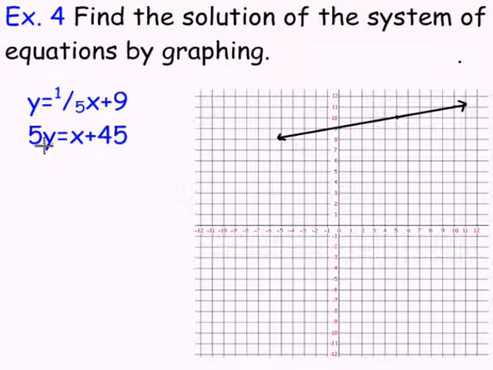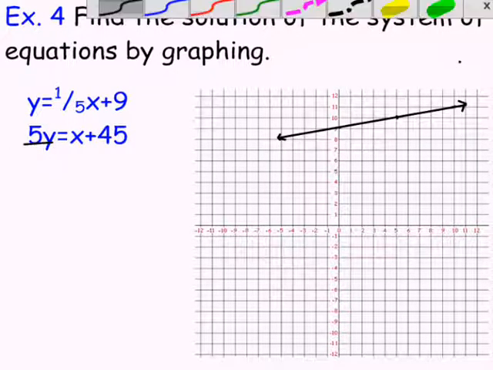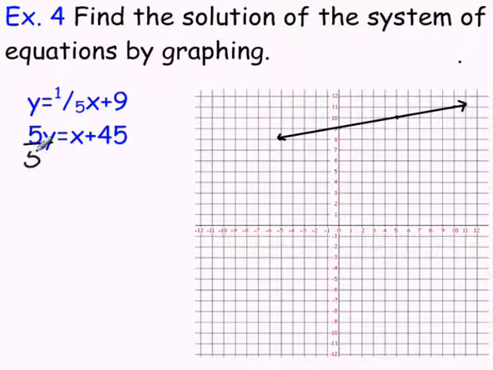Okay, next I want to graph 5y equals x plus 45. Well, this is not in any form that we recognize, but we can change it to slope-intercept form. Let's divide both sides by 5, and everything over here gets divided by 5.